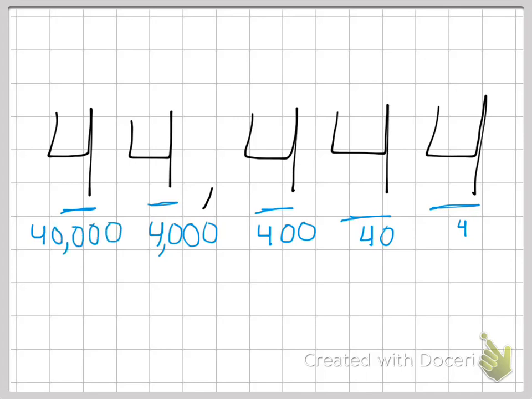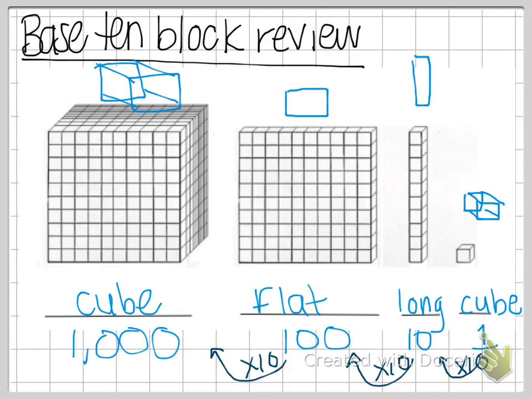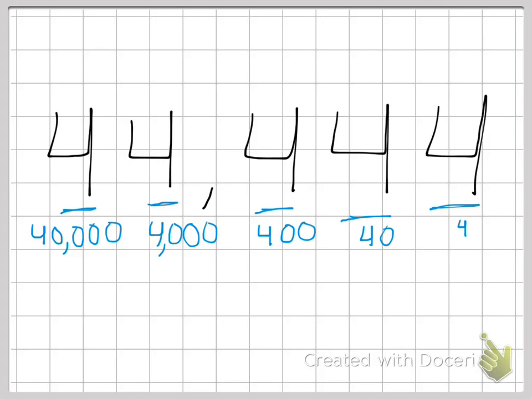Do you notice a pattern? Just like in our base 10 blocks, the value of each one of these digits increases 10 times as you move to the left of each place value. So if I'm comparing the 4 in the ones place to the 4 in the tens place, well, that 4 in the tens place is 10 times as great as the 4 in the ones place.